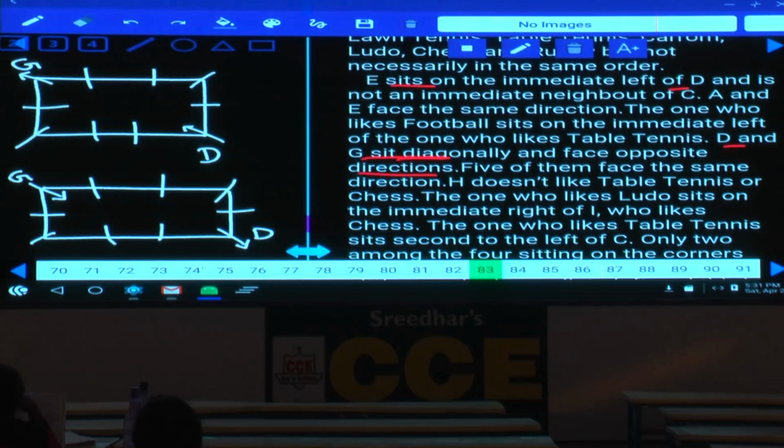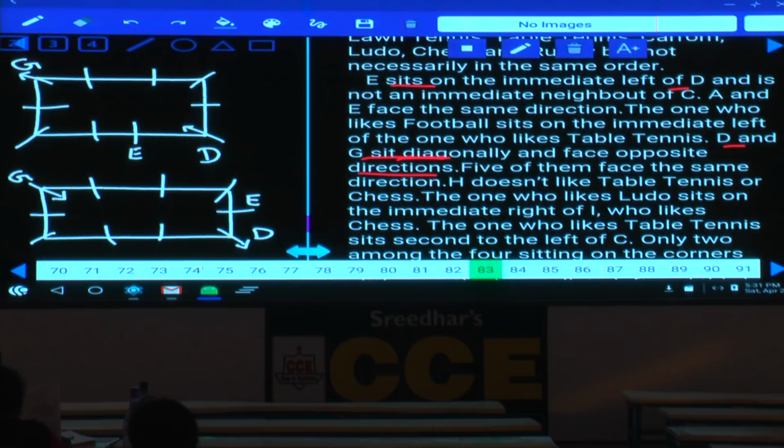Then what is the other information here? E sits on the immediate left of D. As E is on the immediate left of D, in the first case E will be here, and in the second case E will be here. Are you following this one or not? And we have one more piece of information. What is that information here?